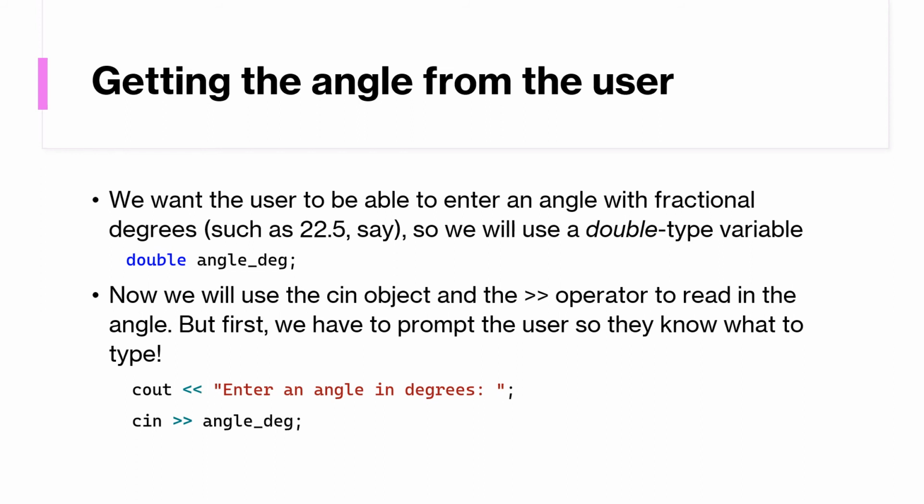In short, cin stands for console input, and the greater than operator pulls a single input value out of your console input that tries to match the type of the variable that you're reading input for. Okay, but before we can read an input, we have to prompt the user. The user doesn't know what to type until we tell them. So we start with a cout statement, enter an angle in degrees, and then we have our cin statement that reads in the angle in degrees.